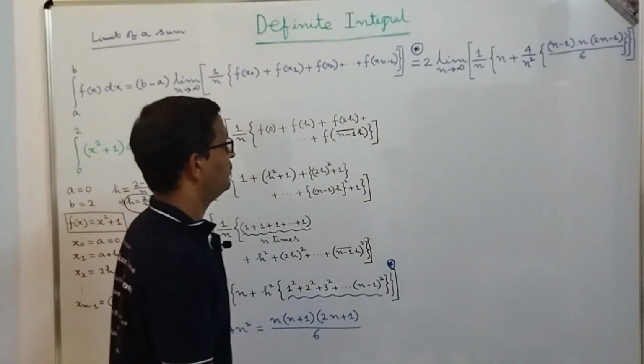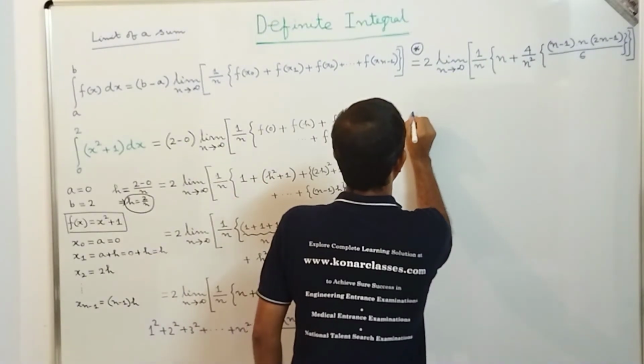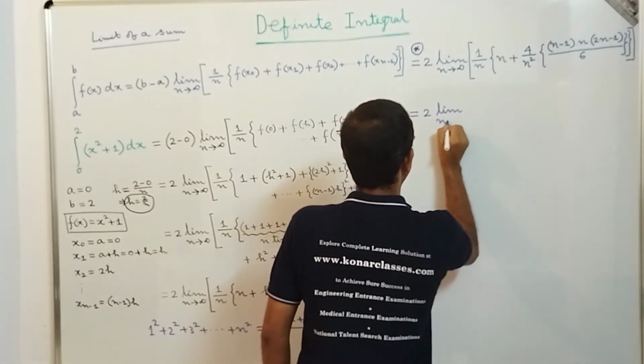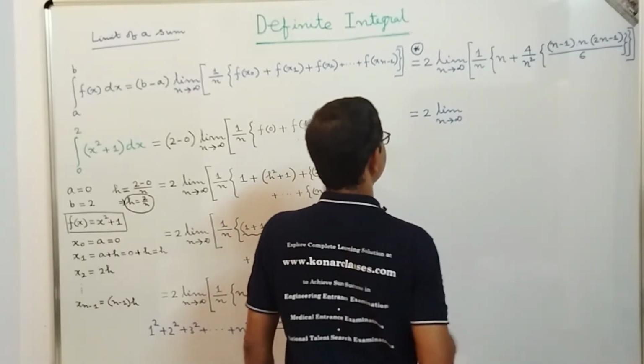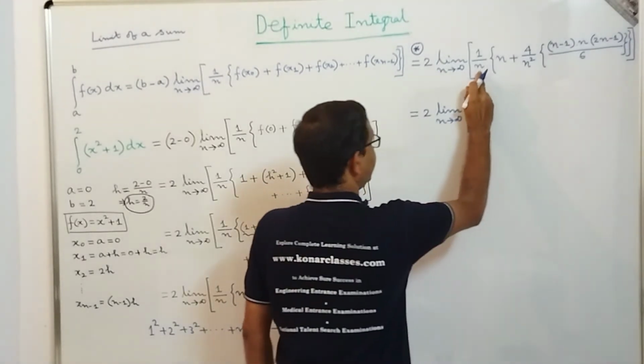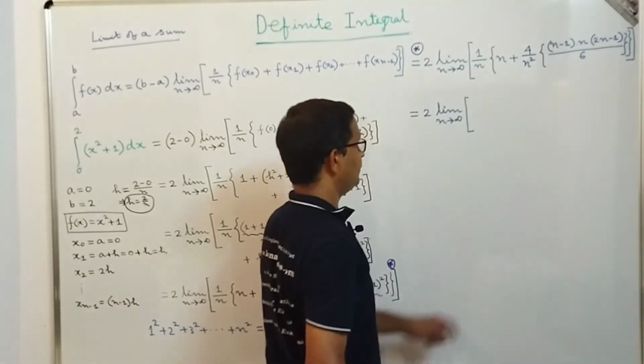Now what we are going to do here, dear students, so that is equal to 2 into limit n tending to infinity. Let us multiply 1 by n with both these expressions.